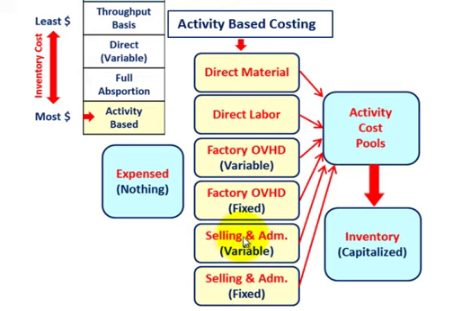When I say selling and administrative, I'm talking about all those support functions, the engineering functions, research and development, and so forth. All of those get accumulated in those activity cost pools with activity costing. Then they're drawn out of these activity cost pools and go into inventory, capitalized in the inventory. Okay, so that's our activity-based costing as far as our inventory versus our expense.